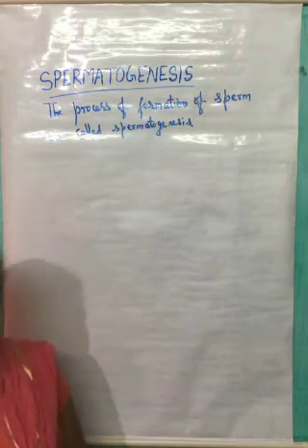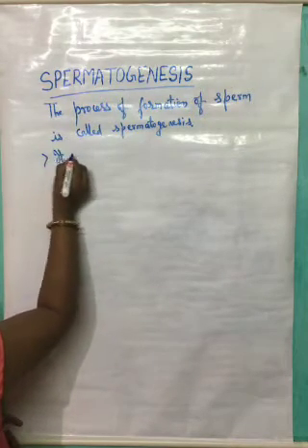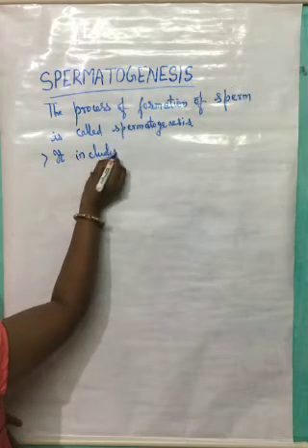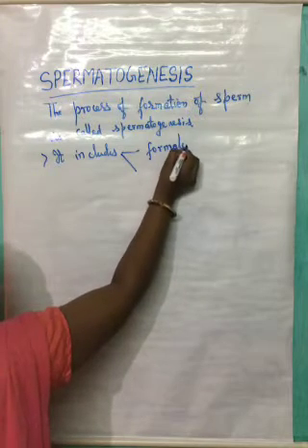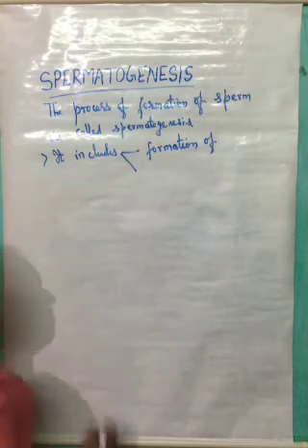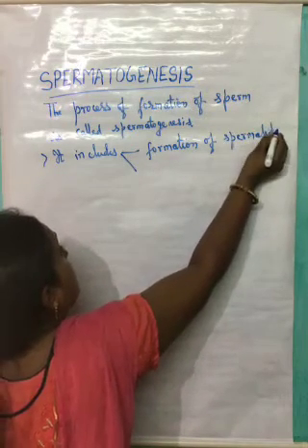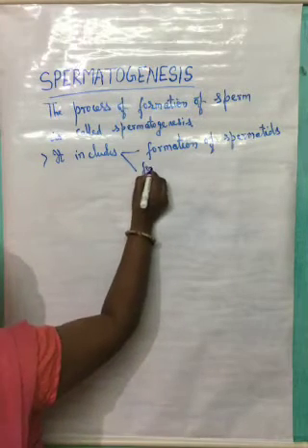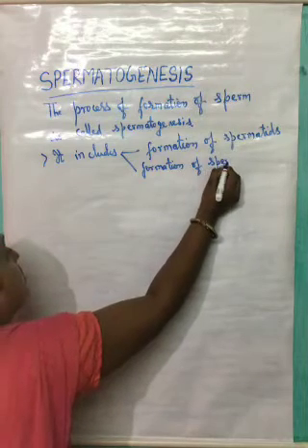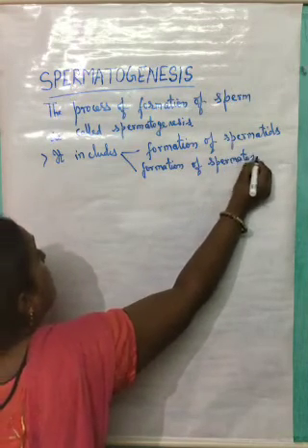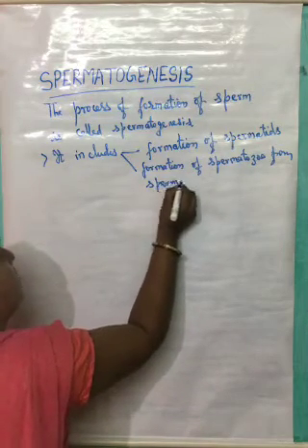This spermatogenesis includes, first of all, formation of spermatids, and then formation of spermatozoa from spermatids.